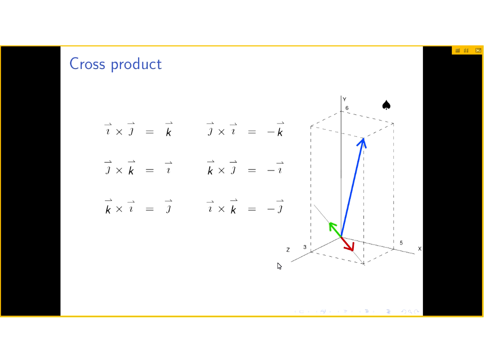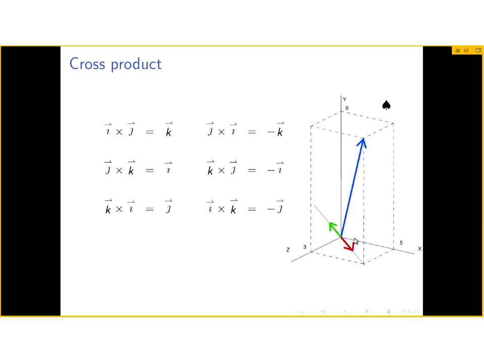On the right-hand side, I'm showing a right-handed axis system. It's really the same diagram that we've used before in the revision of the dot products. So here's my x-axis. This is the origin, of course, the y-axis and the z-axis. And if I now want to calculate the direction of the cross product of I with J, I'll put my right hand in such a way that the I vector in the positive x direction will go from my palm towards the back of my hand through my half fist.